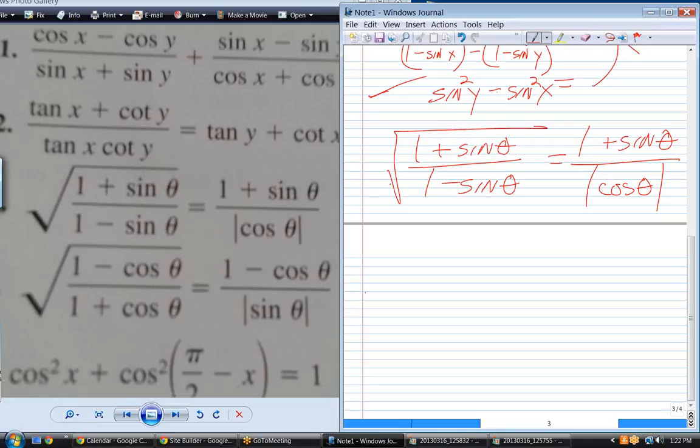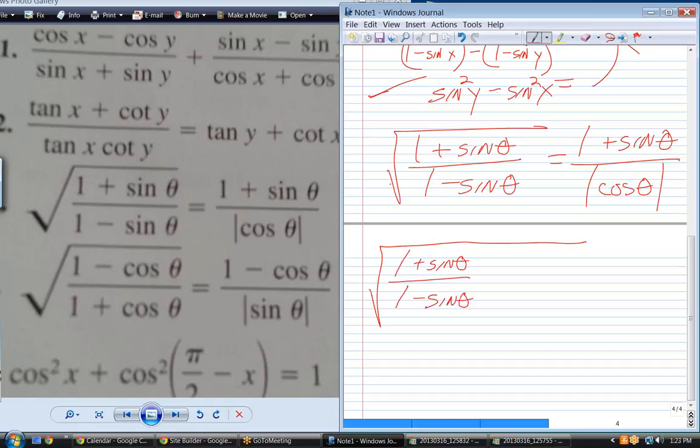Well, let's do what I talked about doing, which was whenever we see an expression like this, either the numerator or the denominator, it's worth multiplying by the conjugate. The reason is that when you multiply it by the conjugate, you turn it into 1 minus sine squared of theta, which reduces to cosine squared of theta. So since I'm looking at cosine of theta over here, the conjugate I'm going to use is the conjugate of the denominator.